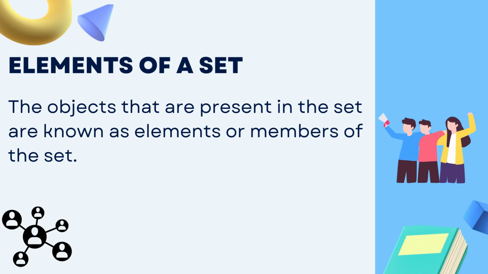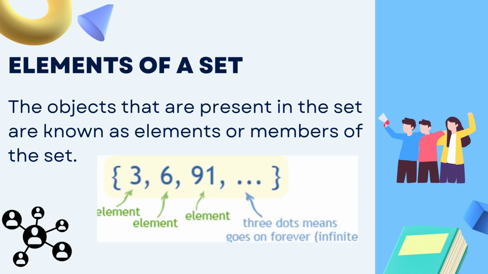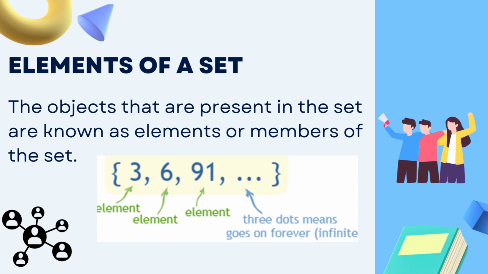Over here, you can see within the curly brackets, the elements or the members that have been listed down are 3, 6, 91, and so forth. The dots basically represent that the set is going on forever.